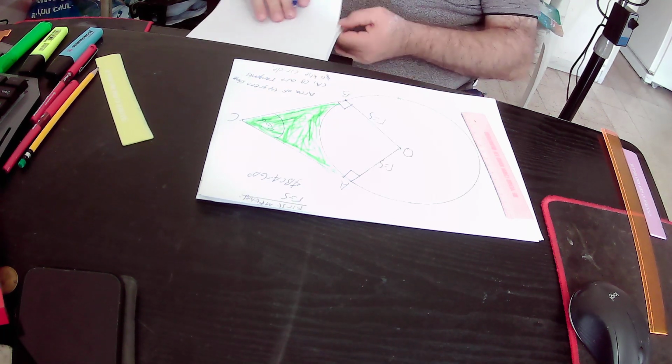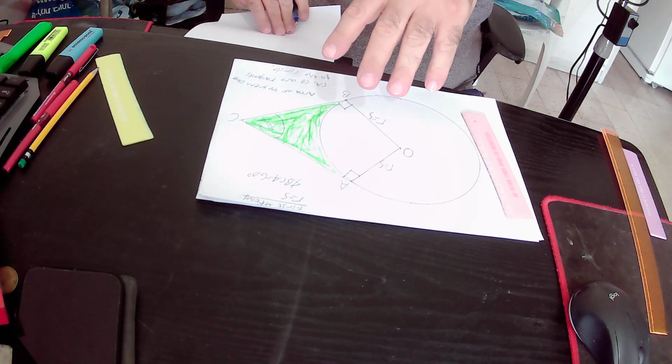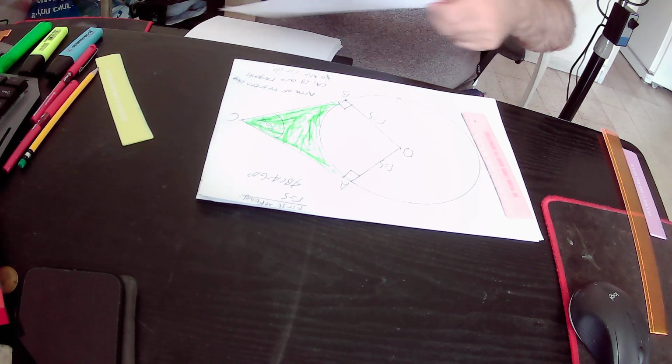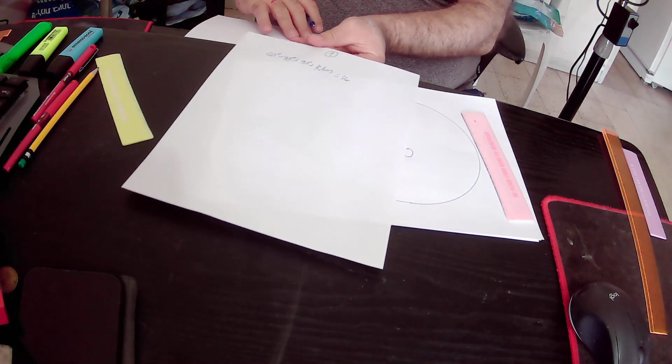Okay, so the sum of the angles in quadrilateral ABCO equals 360 degrees.